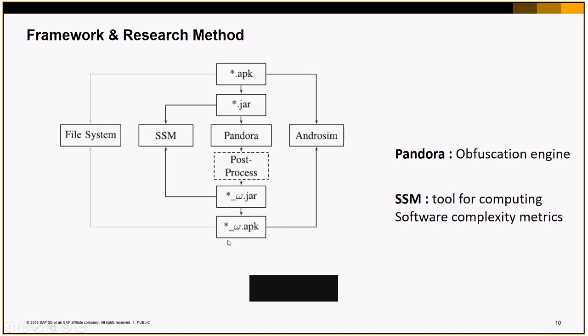And then finally, a repackaged APK is made. On the side, you see the SSM tool, which is used to compute the new complexity metric. So after each obfuscation process, a new complexity is computed using this SSM tool. Androism in this research is used just as a reference for the SSM.